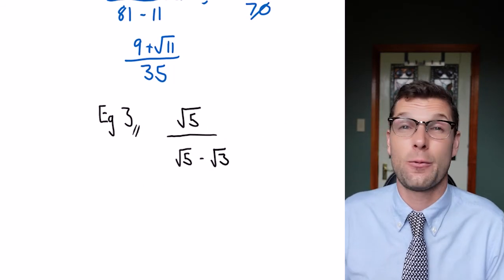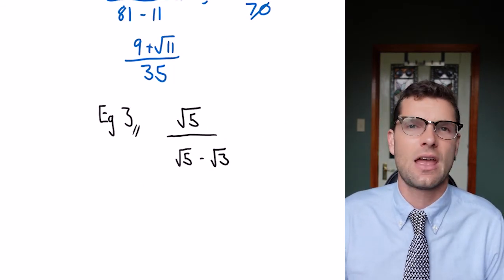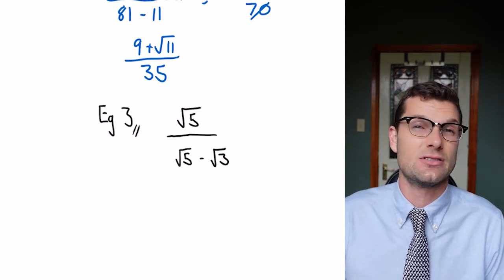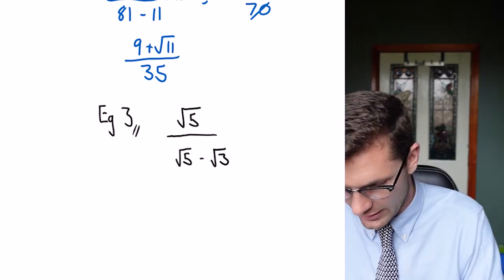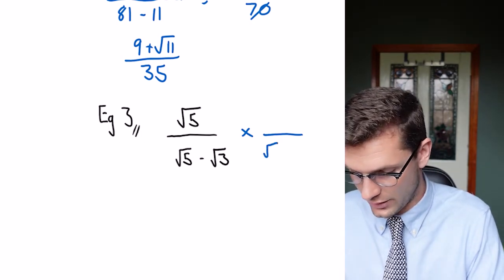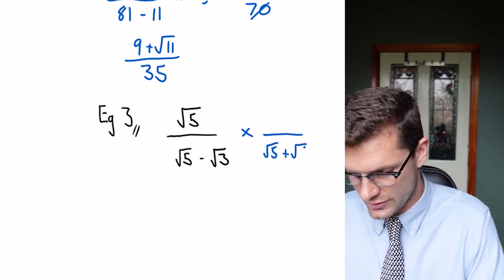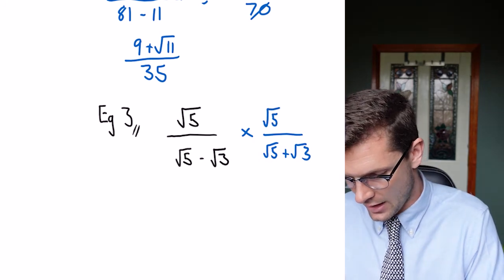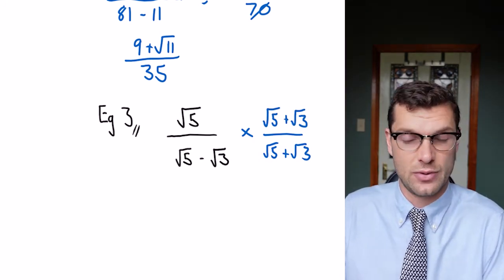We can even do it if we've got surds on top, on bottom, no matter where, as long as we're using that same trick. So here I'm going to multiply this whole fraction by root 5 plus root 3 on the top and the bottom. So I'm going to deal with the top a little bit later.